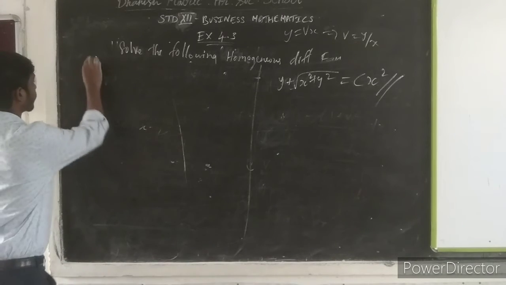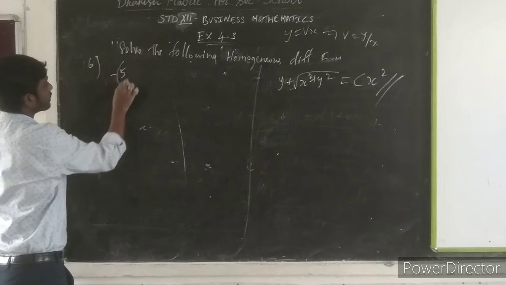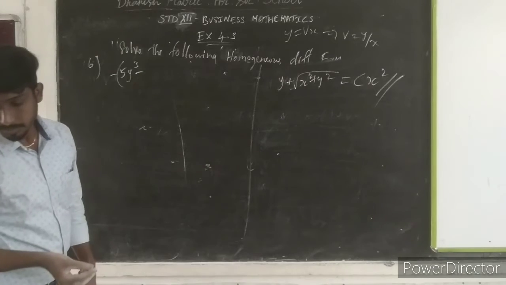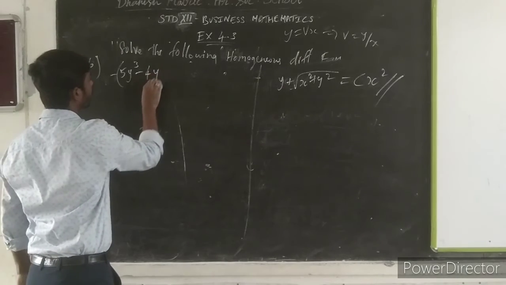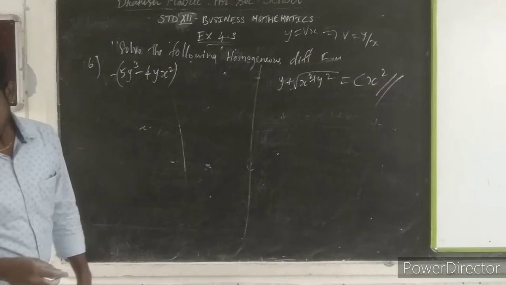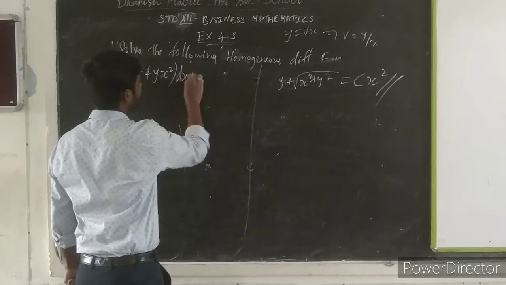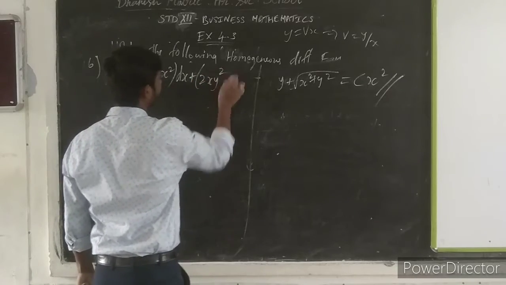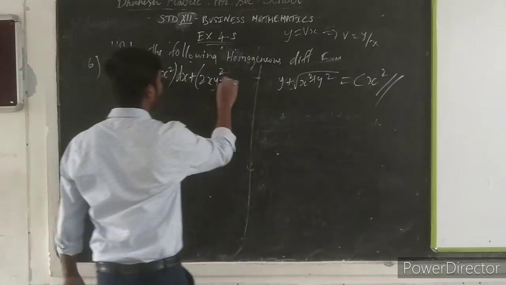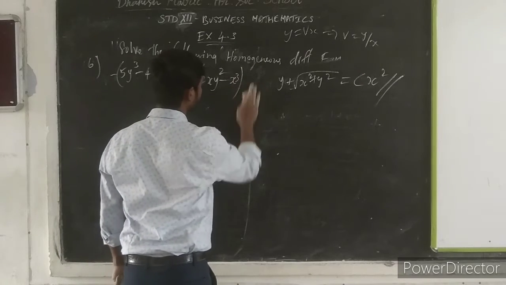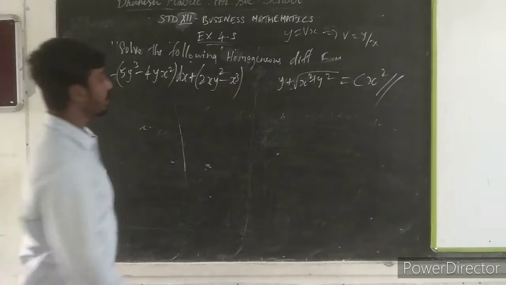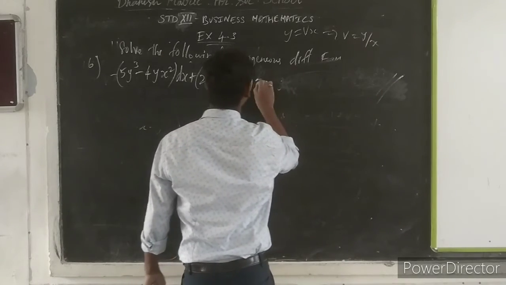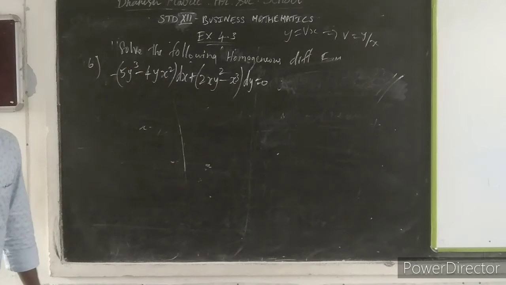That is, minus (5y cube minus 4yx square) dx plus (2xy square minus x cube) dy equal to 0.